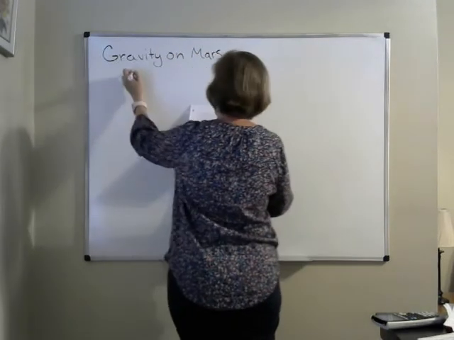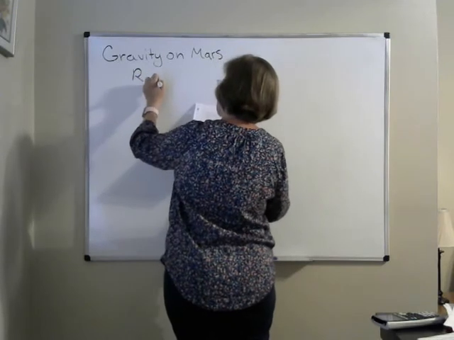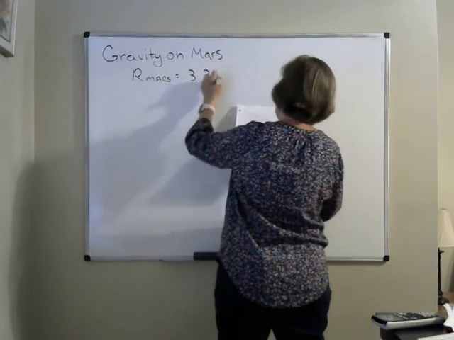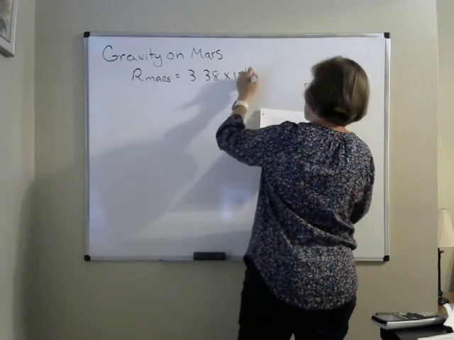Now the radius of Mars is 3.38 times 10 to the 6th meters.